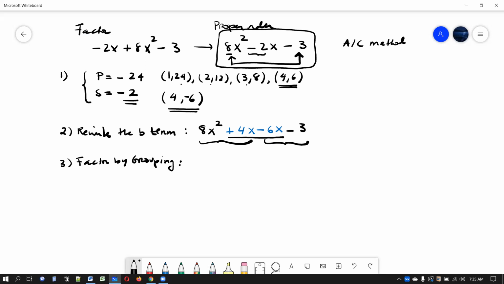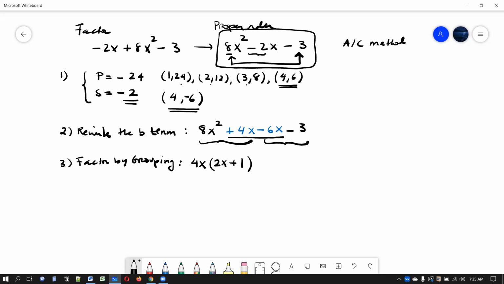Okay, so out of the first pair, I can factor 4x. So this is regular GCF. And I will get 2x here, right? 8x squared divided by 4x is 2x. 4x divided by 4x, 1.